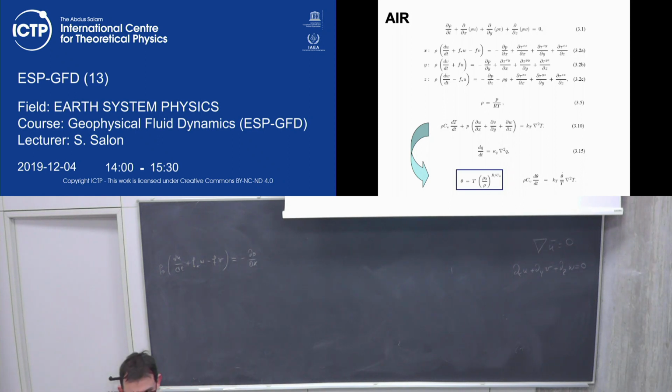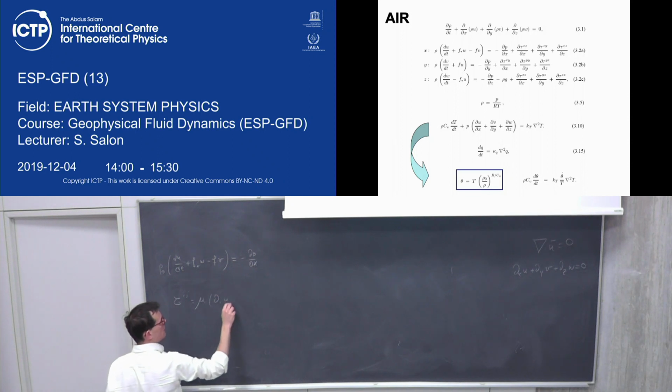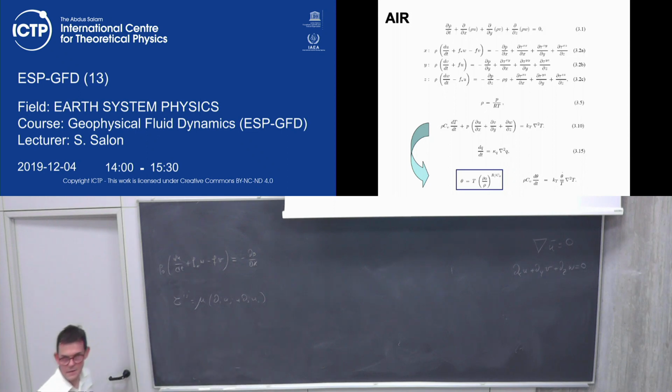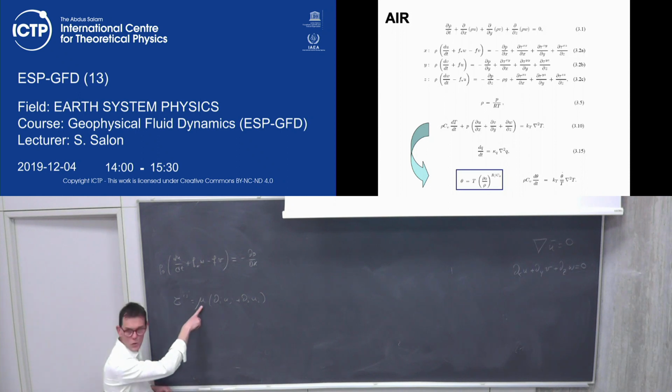Do you remember the expression of tau? Tau ij is mu times di uj plus dj ui. This is the constitutive equation. I know it as the stress tensor equation, but it's okay. Do you remember what mu is? Viscosity.